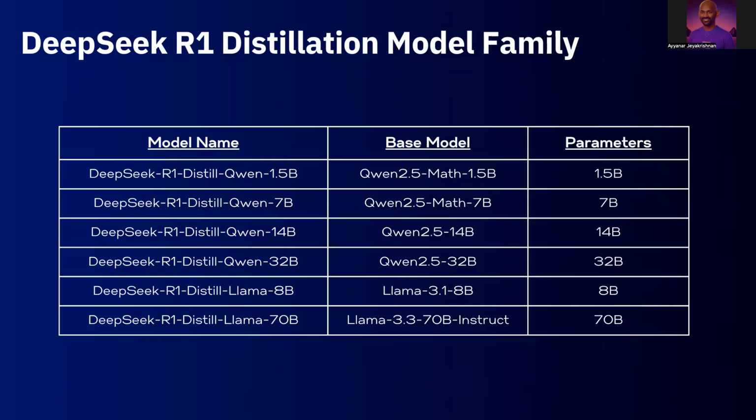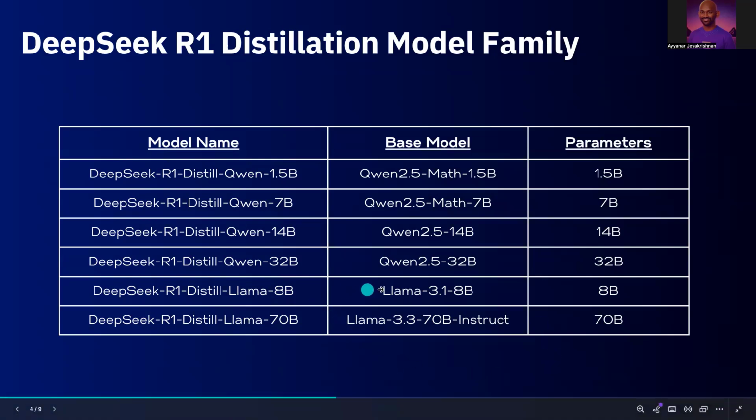We won't touch upon the distillation models, because most of the models currently available in the marketplace or Hugging Face, which can sit within a single GPU, like the 1.5 or 7 billion parameter models or Llama 8 billion parameter, are distilled. We want to know what the base model is.